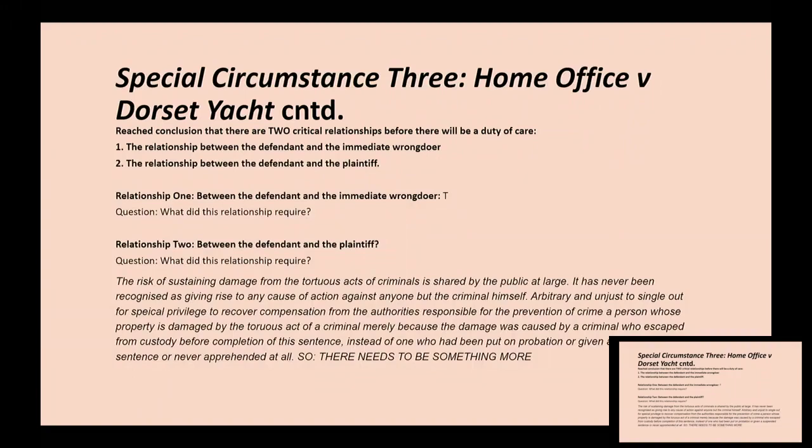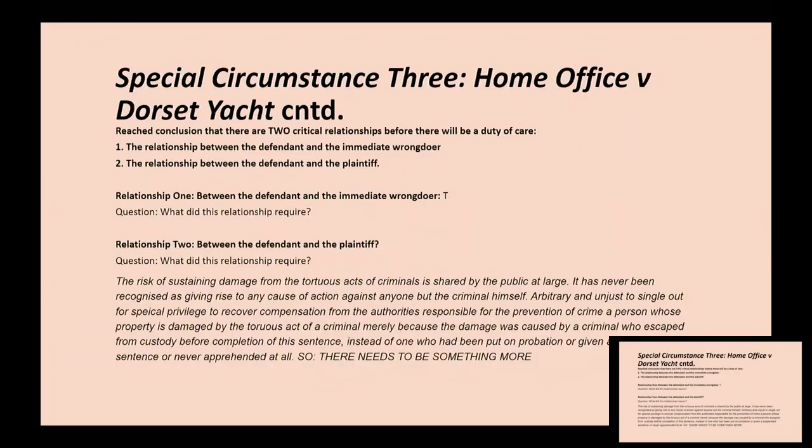Okay, so the risk of sustaining damage from the tortious acts of criminals is shared by the public at large. It has never been recognised at common law as giving rise to a cause of action against anyone except the criminal, him or herself.